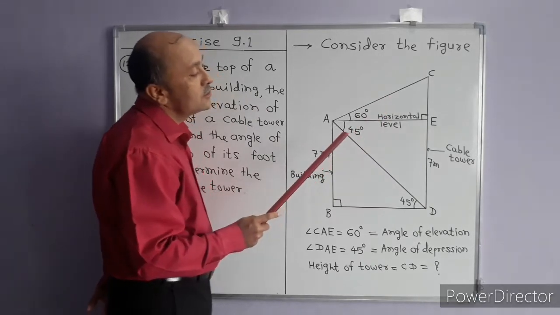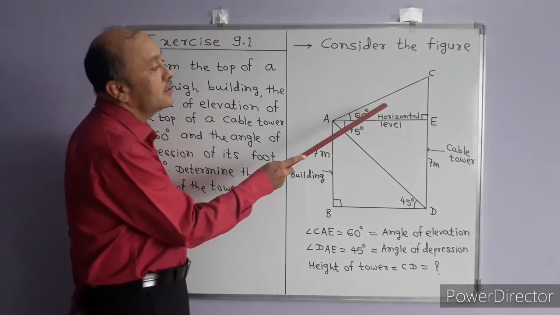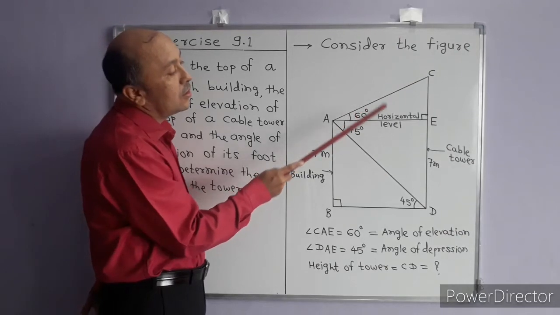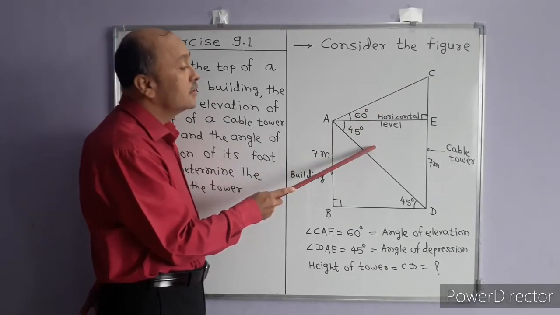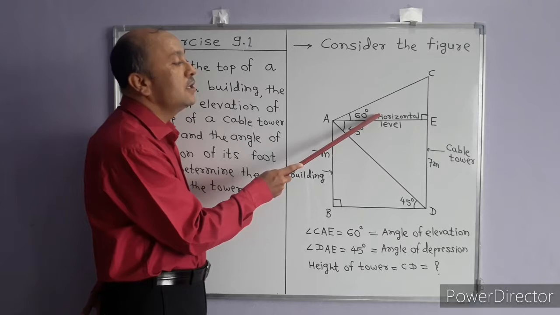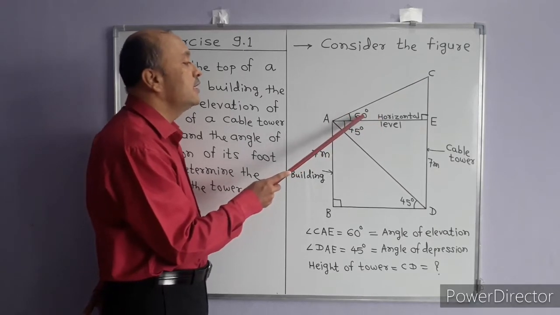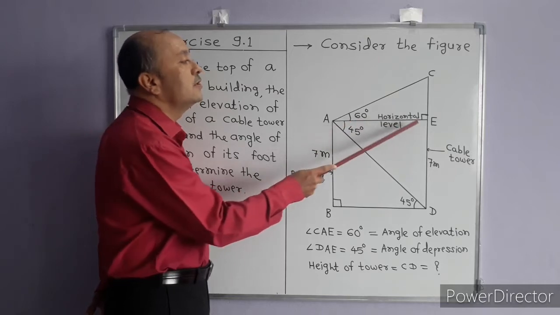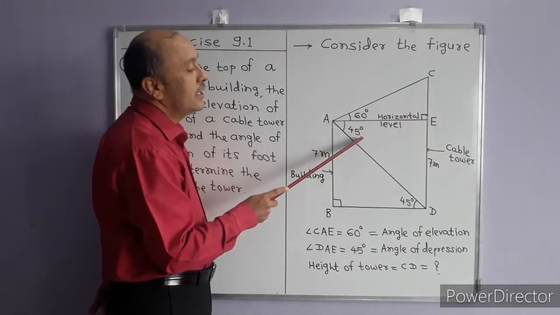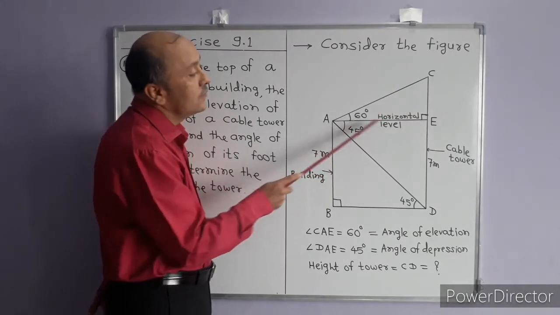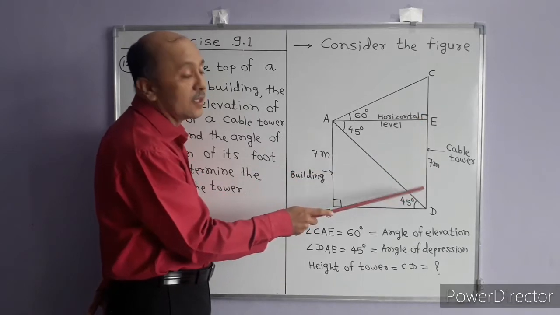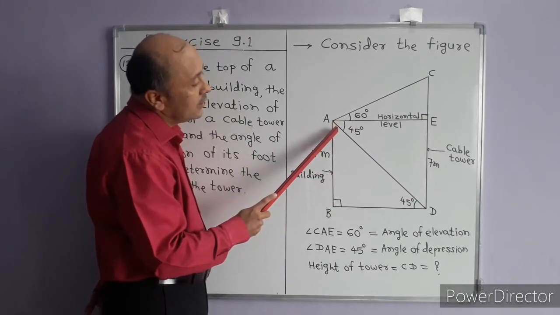But what is important students here is that either the angle of elevation or the angle of depression is formed with the horizontal level. Look here, the 60 degree angle is formed with the horizontal level and the 45 degree angle is formed with the horizontal level only. So by mistake also don't write that angle BAD is 45 degree.